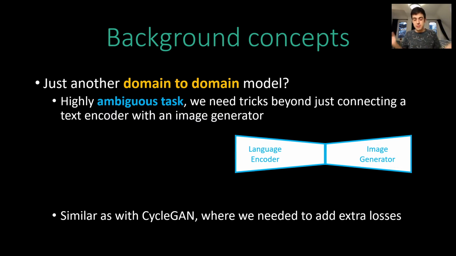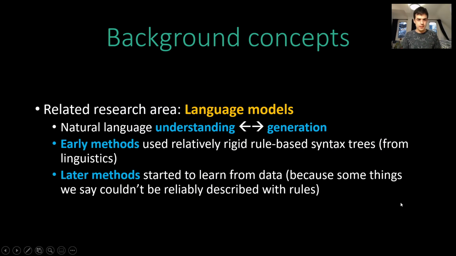It's also ambiguous because words can have multiple meanings and can have multiple results. And so similarly to the models we talked about in previous classes, for example CycleGAN, we need to add some tricks, some extra losses that will allow this translation to happen. Something like this wouldn't really work by just encoding and decoding. We need some special tricks.